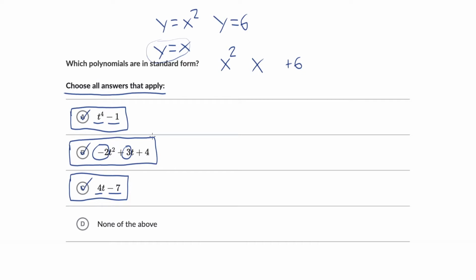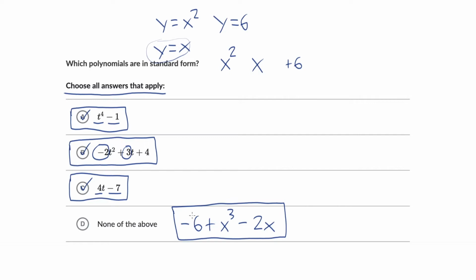That's standard form. Let me give you an example of something that's not standard form, so that way you have some idea. Let's say you have -6 plus x to the 3rd minus 2x. Is this in standard form? Well, no, it is not. Why is it not in standard form?